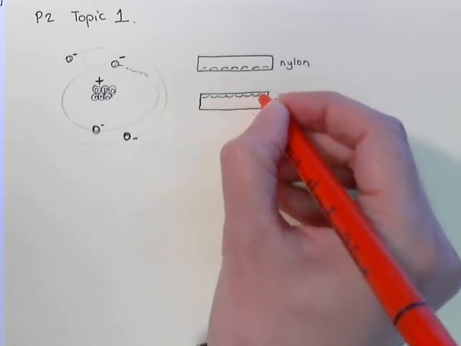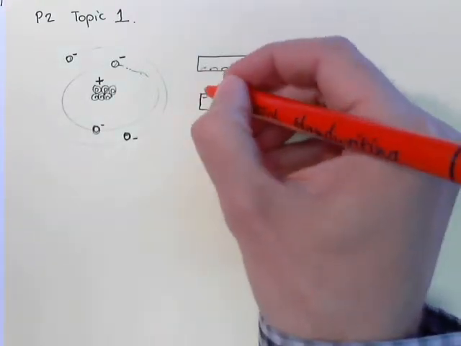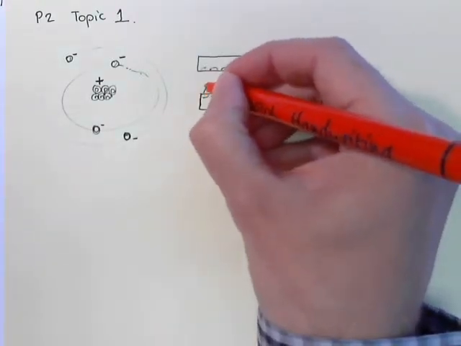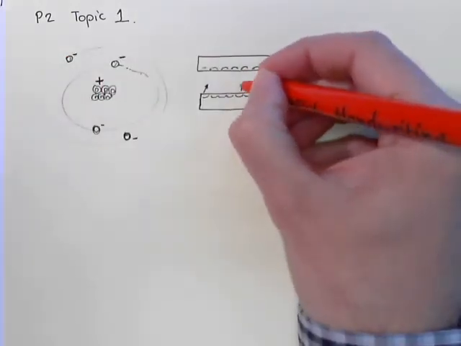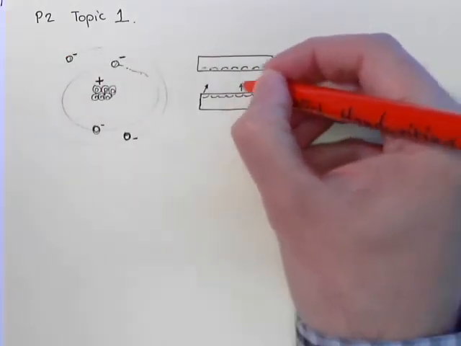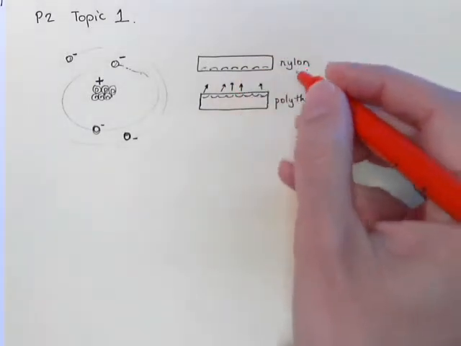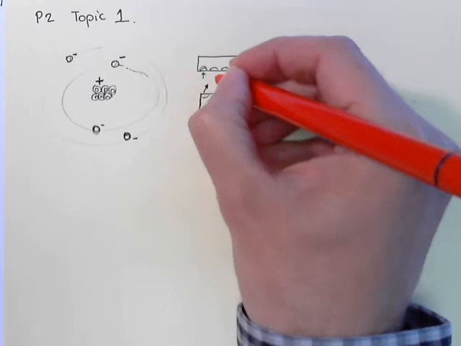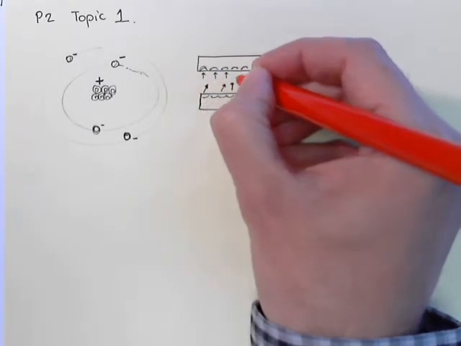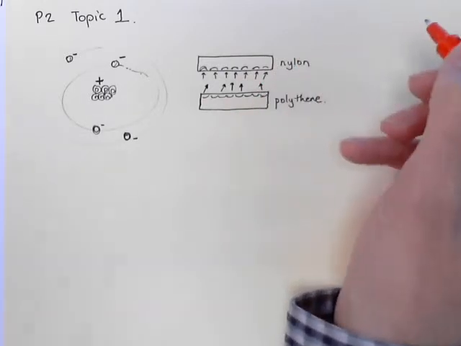And I know for a fact that in the case of polythene, it's got a tendency to lose electrons. So some of these electrons in polythene might not be tightly bonded, and it might lose some of them. And I know that nylon has got a tendency to gain electrons. So what can happen is that some electrons can be transferred from polythene onto nylon.